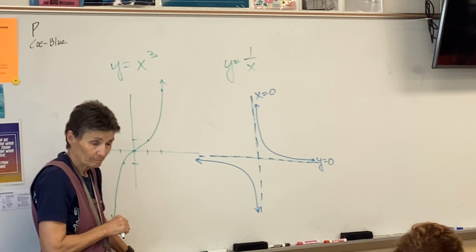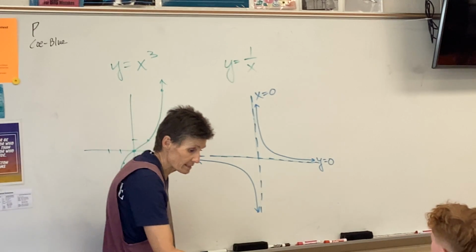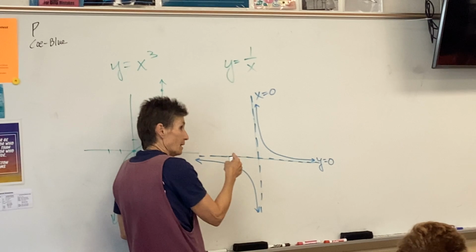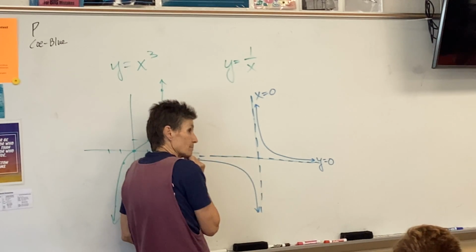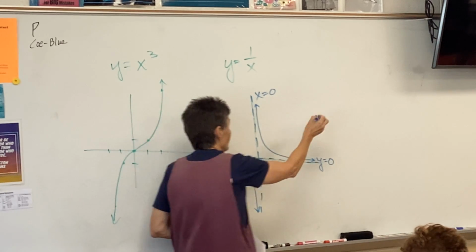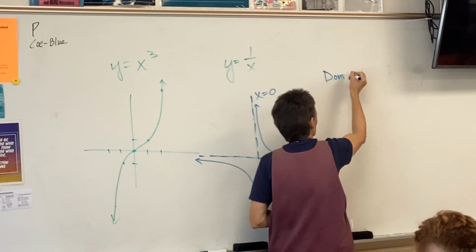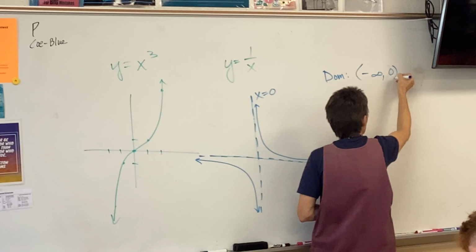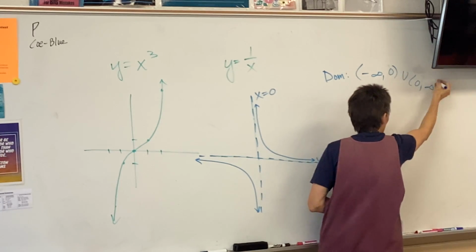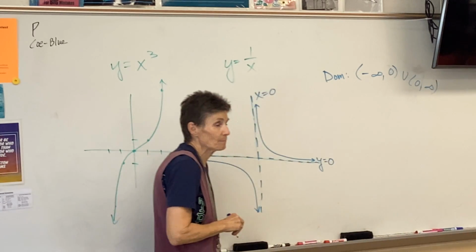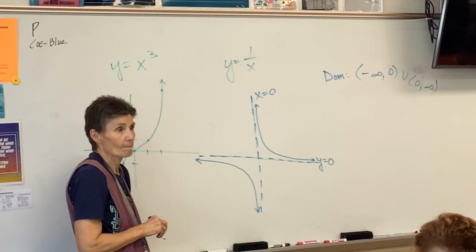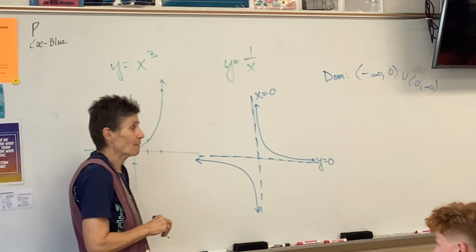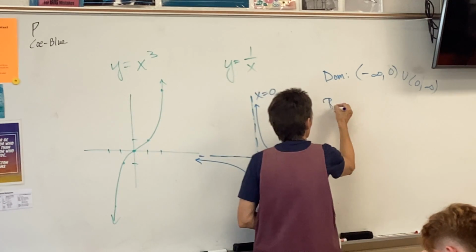Now, let's go through our list. What is the domain of this? What are the x's that are allowed? Negative infinity to 0, and then 0 to infinity. Would you buy that? How about the range? What's the range?